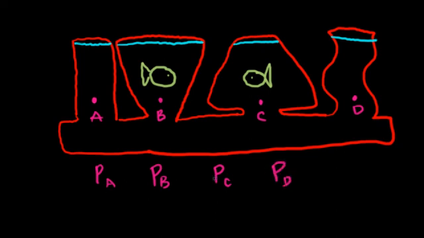The pressure at each of these points is just the same. Again, we use the formula: pressure is equal to rho times gravity times height, or the depth. They would have the same depth, going from the top of the water to each point, the same g, and the same density. So they would all have the same pressure.